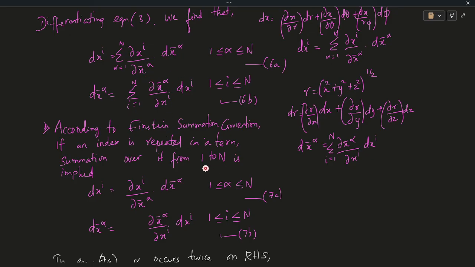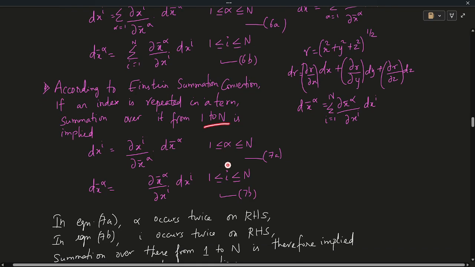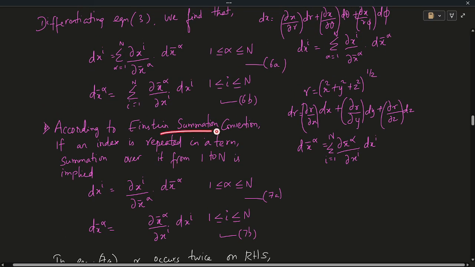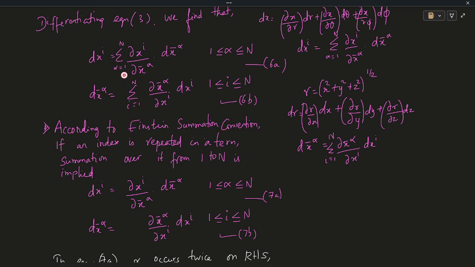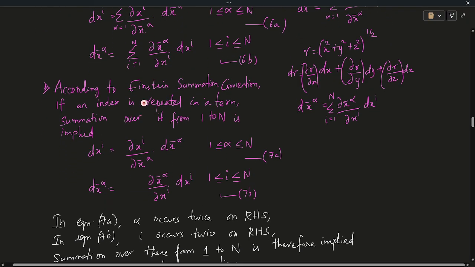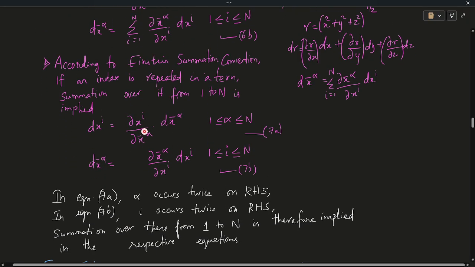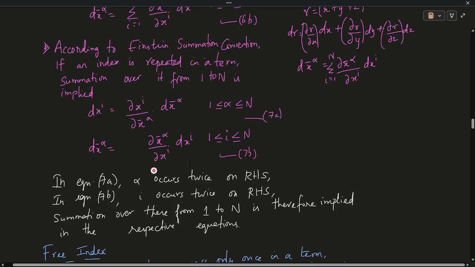If there are n terms, then n terms are going to get summed up. This is the Einstein summation convention. So we can drop these summation terms because it is implicit. It says that the summation happens for alpha from 1 to n, as alpha is repeated here, and i is repeated here, so the summation happens from i starting from 1 to n. So we drop the summation terms. This is the Einstein summation convention.